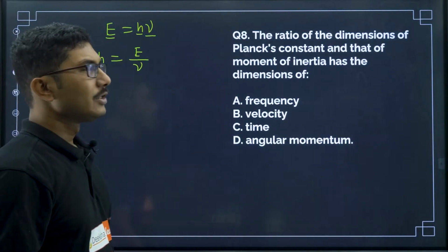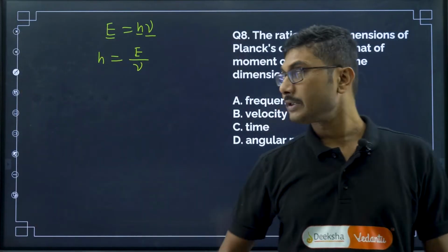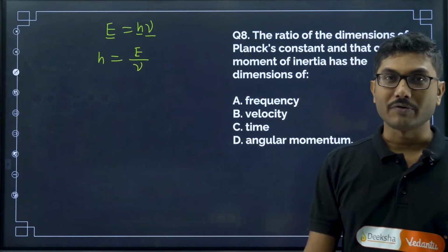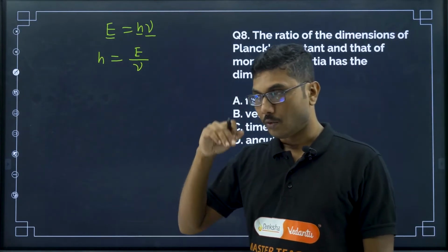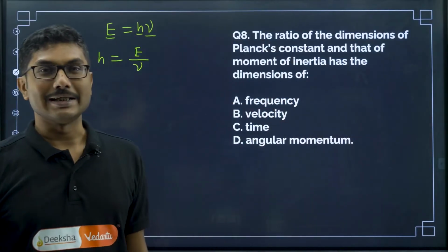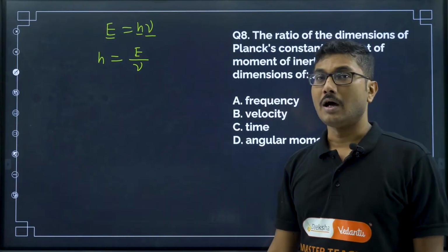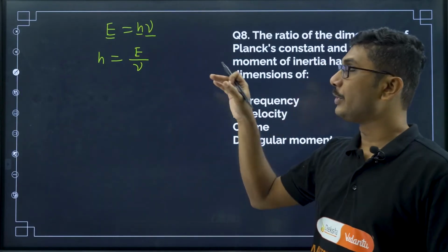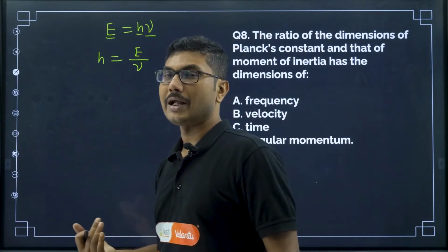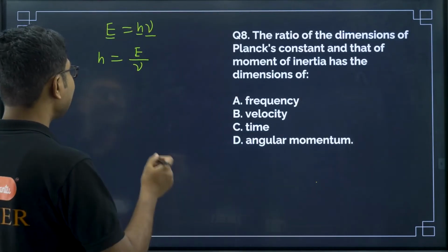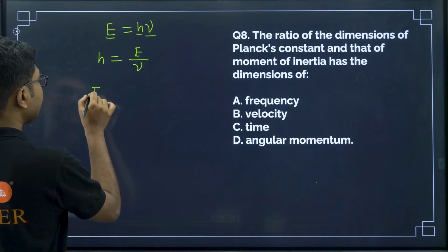Okay, so if you find the dimension of Planck's constant, you can take the dimension of energy and then divide it by frequency. Frequency is basically 1 over time and energy is force times displacement. So you can find the dimension of Planck's constant. Even though we are not going to do it explicitly here, first let us find the moment of inertia. So what is the dimension of moment of inertia I?